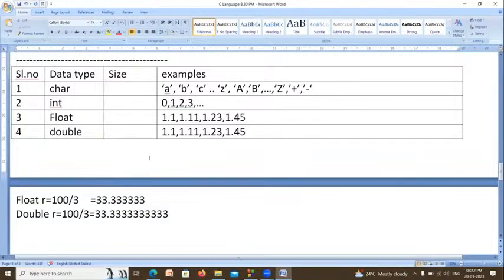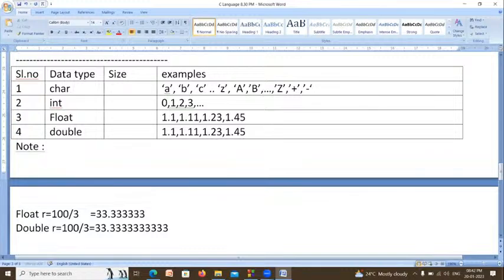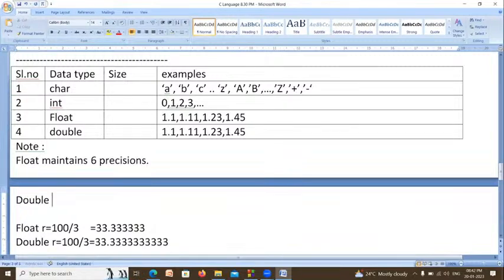Note: float maintains 6 precisions, whereas double maintains 10 precisions. These are the examples for float and double.